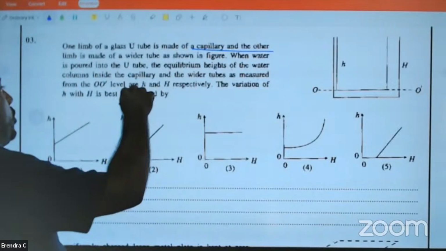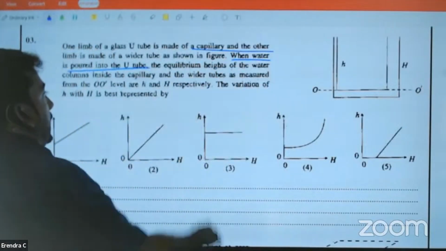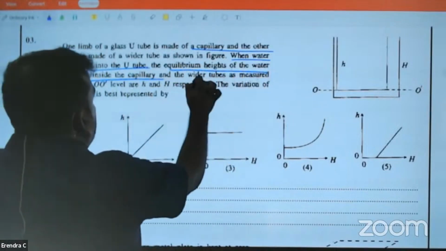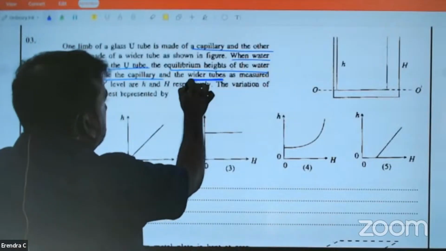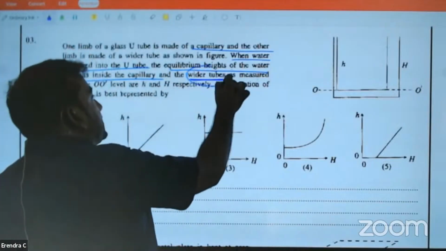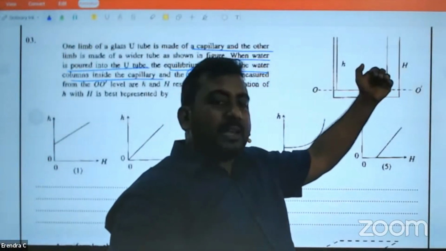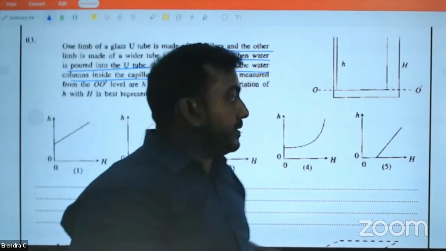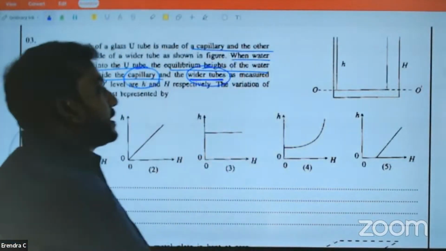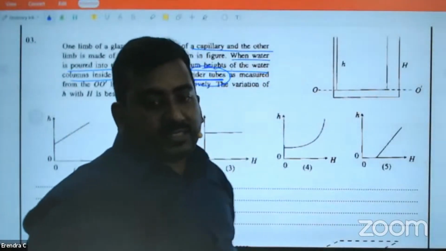When water is poured into the U-tube, the equilibrium heights of water columns inside the capillary and wider tubes. Remember, the word wider means there is no surface tension effect there, or minimum. The capillary tube will guaranteed have a surface tension effect. That will not have a surface tension effect.